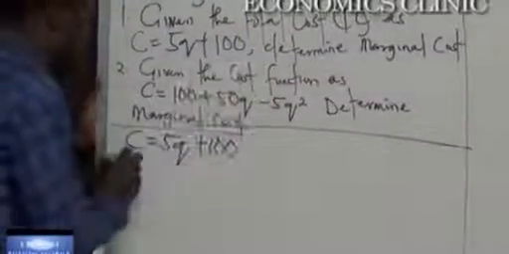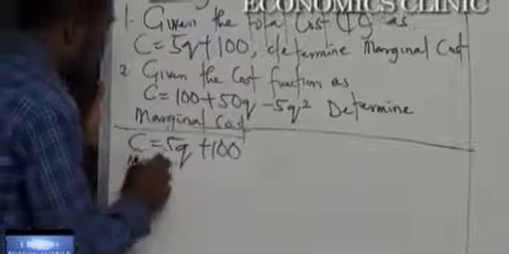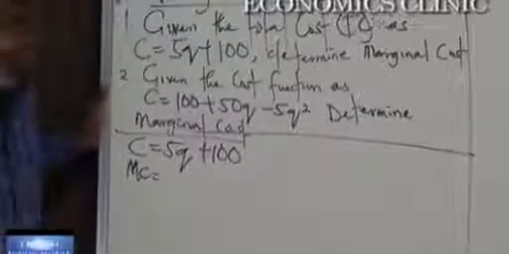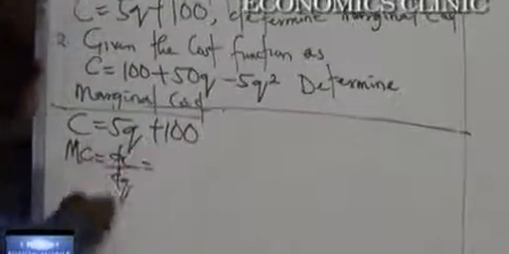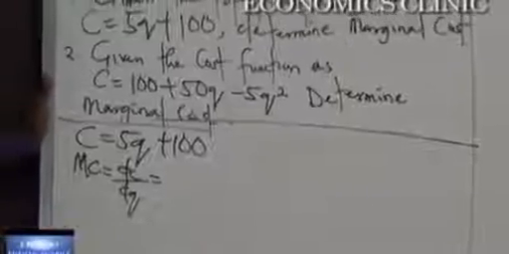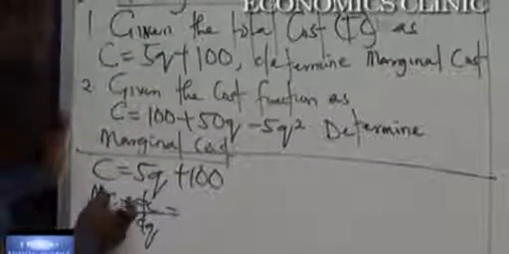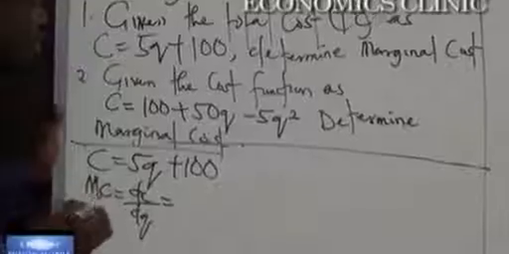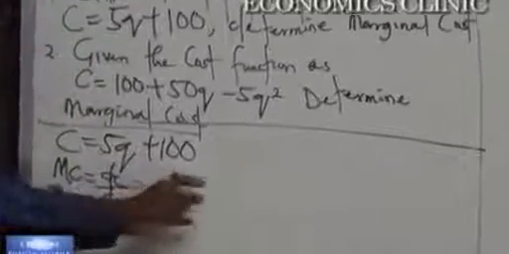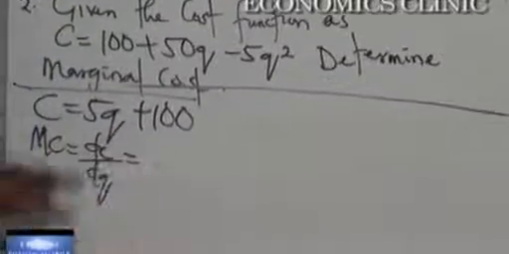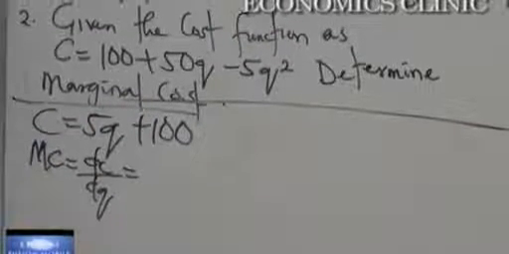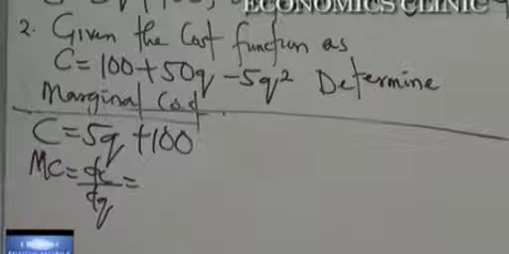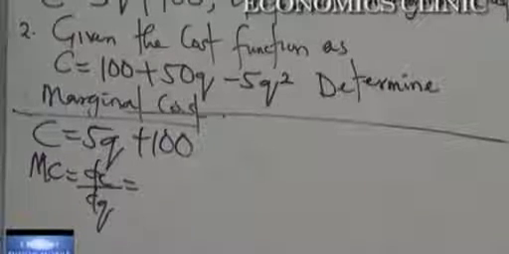Now we are asked to look for marginal cost. Now to look for marginal cost here, we have to apply differentiation. And if we are applying differentiation, we have the dC over dQ, showing changes or difference. Now for this, in differentiation, any number without variable is counted 0. The one with variable and power, we minus 1 from the power and multiply the power times the coefficient.